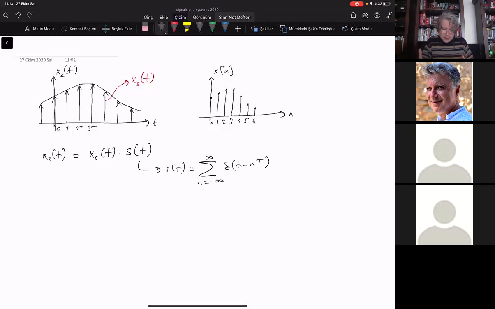So when I multiply x sub c of t with this impulse train, I will get x sub s of t. Simple. And we are automatically assuming that the values of these multiplication values of the impulses can be measured, evaluated, and this x of n at the right-hand side will have those values. For instance, if the value here is a, and this is b, and this is c, we read a, b, and c here.